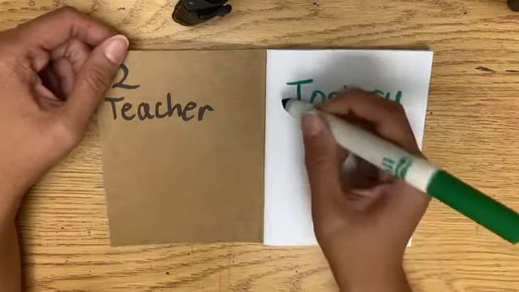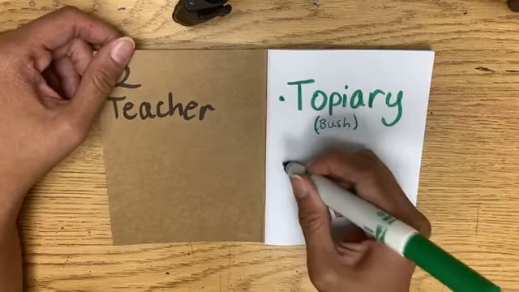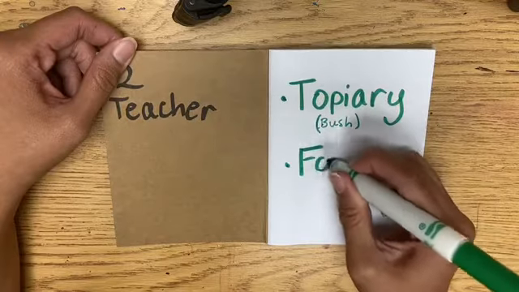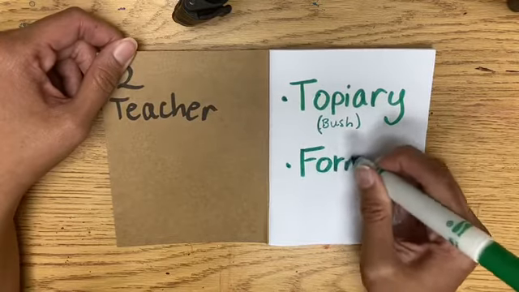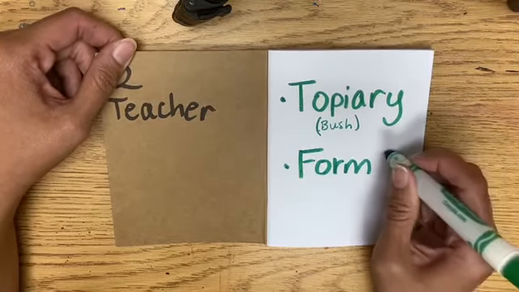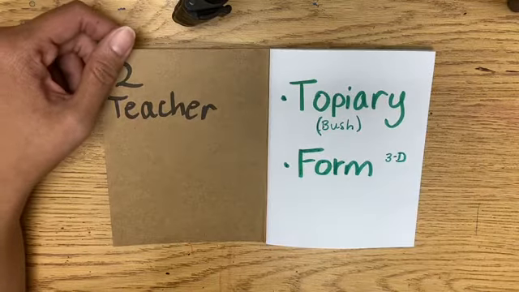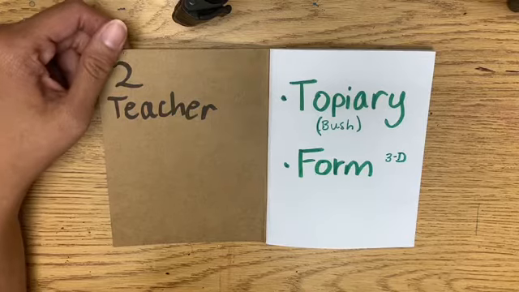The next thing we're gonna write, and we're writing 3 things, is form. And next to form, you can put 3D, because when we talk about forms, we're talking about things that are 3-dimensional.